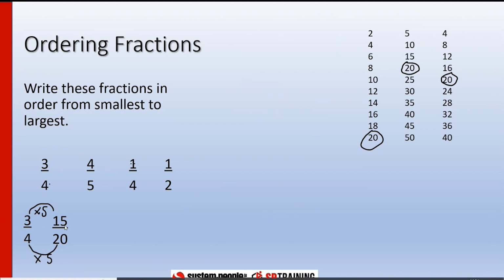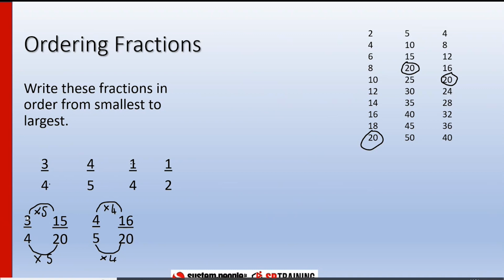So 3/4 is 15/20. And 4/5 likewise, we've done 5 times 4 is 20 for our denominators. So we're going to do the same thing with the numerator. 4 times 4 is 16. So 4/5 is the same as 16 20ths.